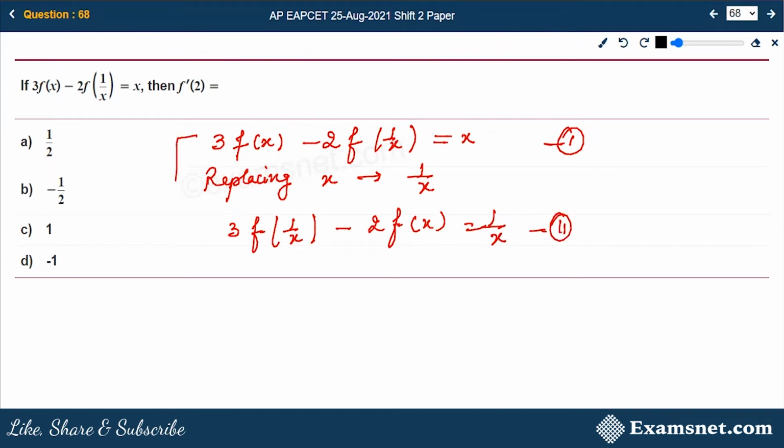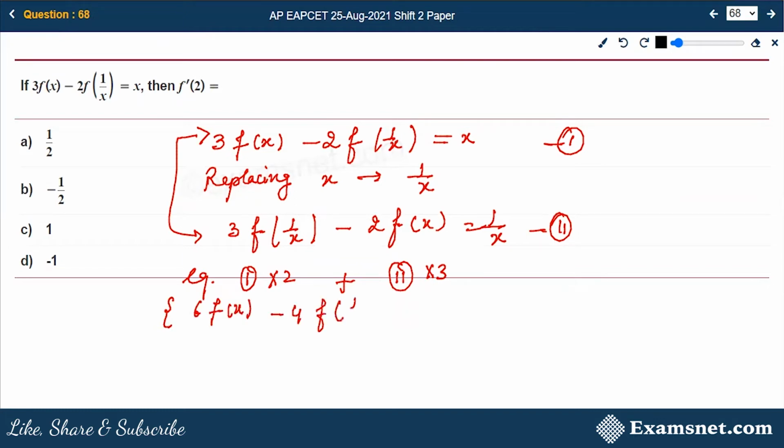Now there are two equations. We'll solve them simultaneously, using the elimination method, substitution method, or whatever method you want. I'll multiply equation 1 with 2 and equation 2 with 3. So this will become 6f(x) minus 4f(1/x) is equal to 2x.